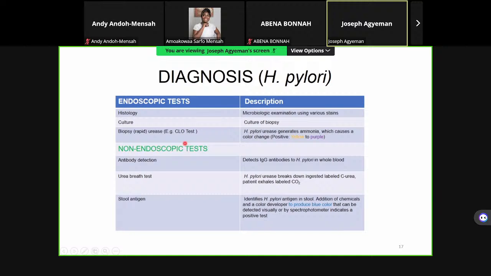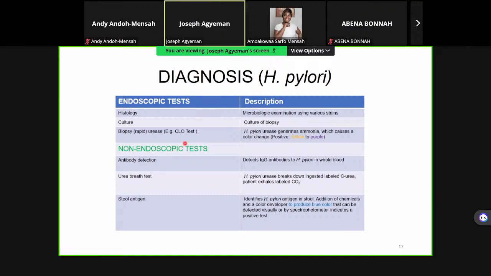The reagent that you are going to use to test, you buy it from a manufacturer. It contains urea. So by bringing the sample from the stomach, if H. pylori is there, then it is likely that your biopsy will also contain urease. Then you buy your reagent or your test kit from the manufacturer that would contain urea.